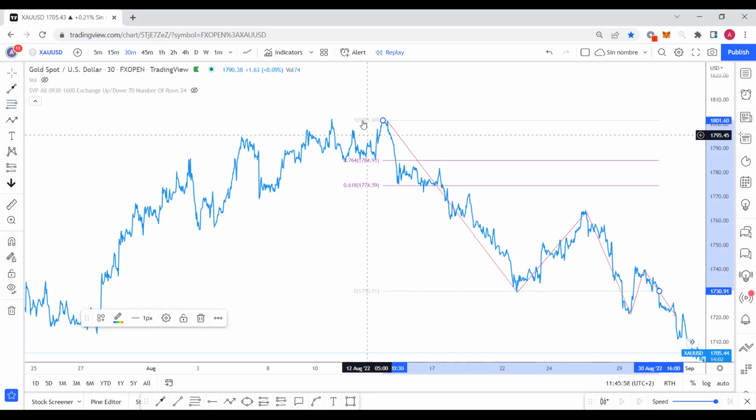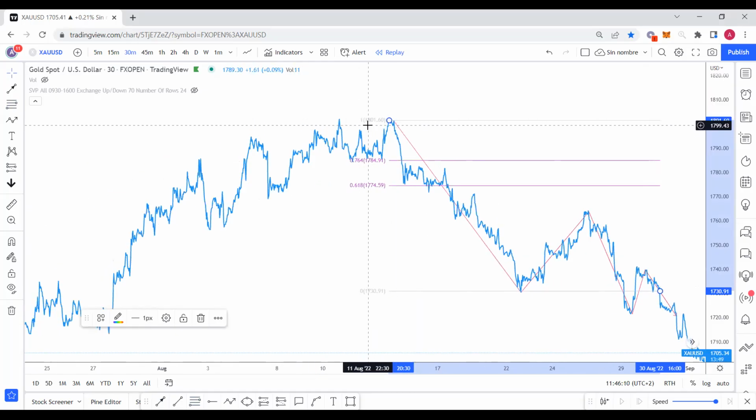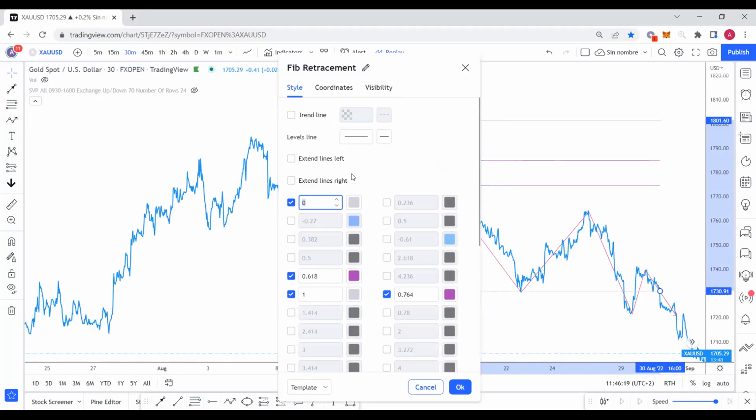This should be 0 actually. No, yeah, this is 1, sorry, which would be 100%. If we have it in decimals, this is 1 and this is 0% of the impulse. And then you can just add levels.